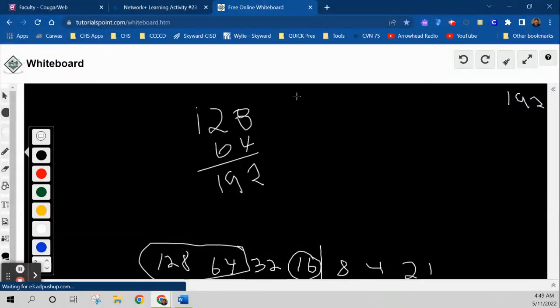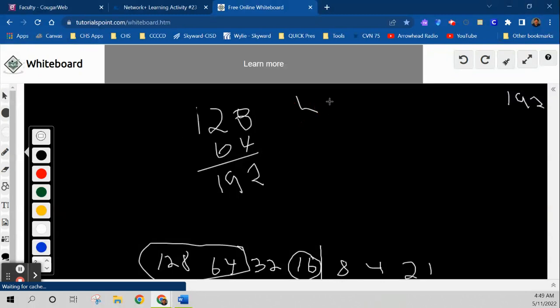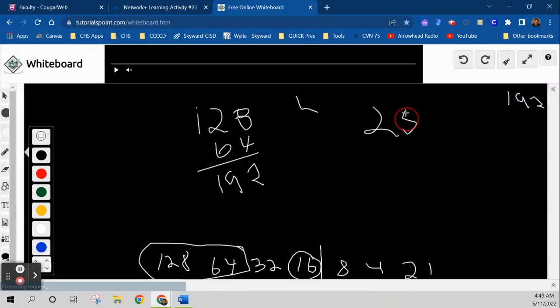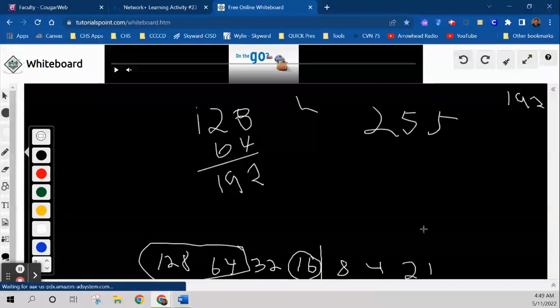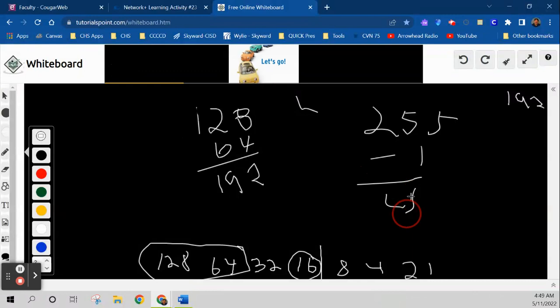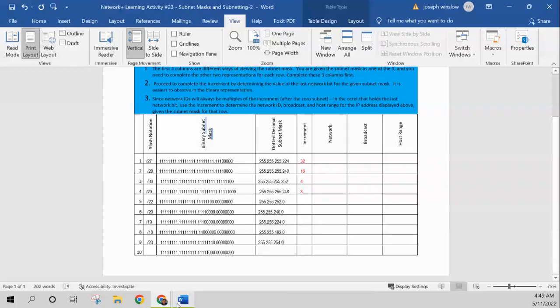So 255 is always the biggest number we can have. So we didn't use all of 255. We were minus 1, which is 254. So that's how we come up with that number right there to get to 254.0.